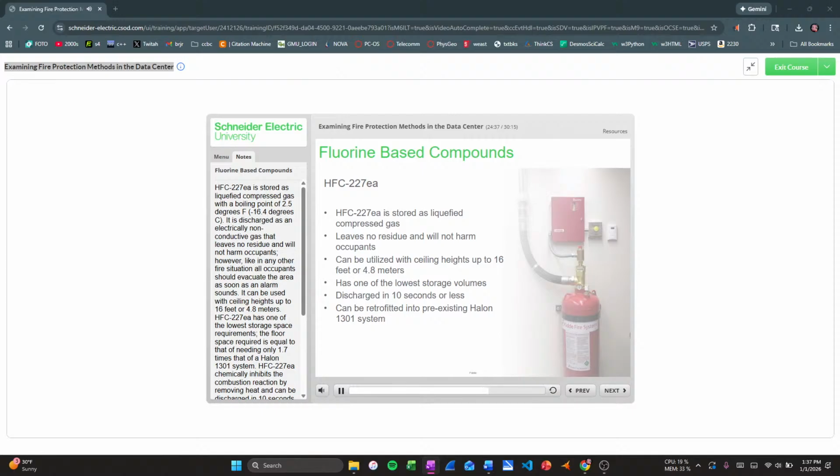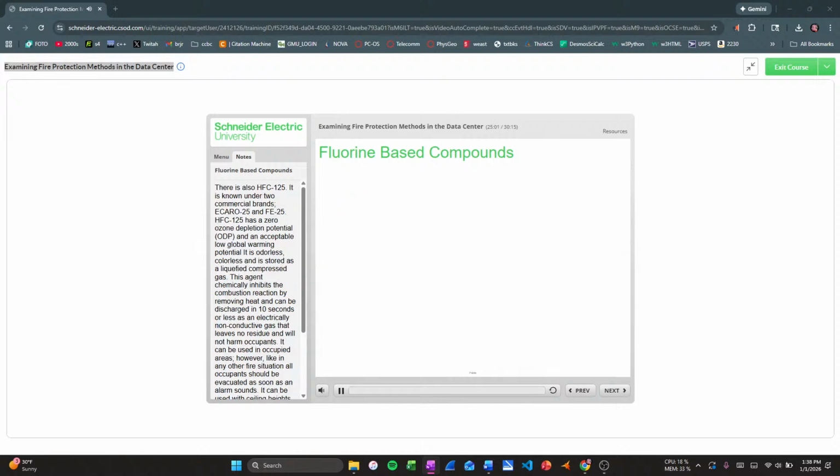An advantage to this agent is that it can be retrofitted into an existing Halon 1301 system, but the pipe network must be replaced or an additional cylinder of nitrogen must be used to push the agent through the original Halon pipe network. Some applications include data centers, switchgear rooms, automotive, and battery rooms.